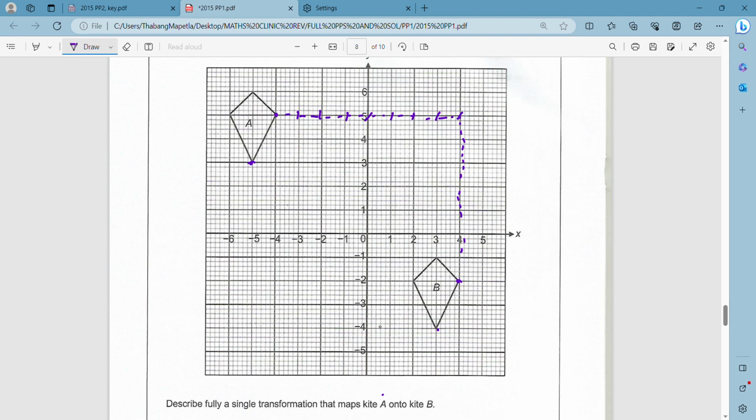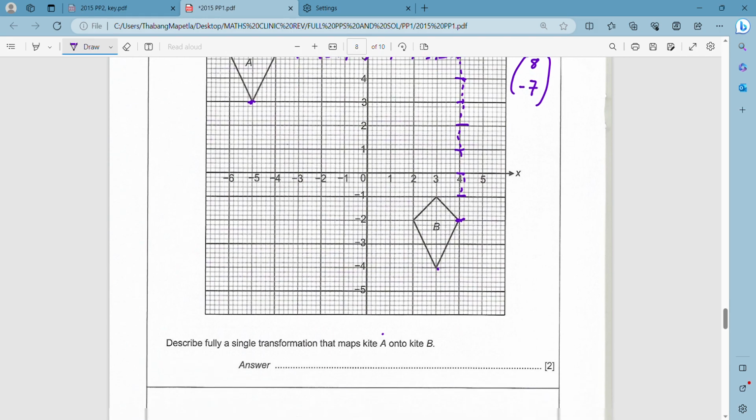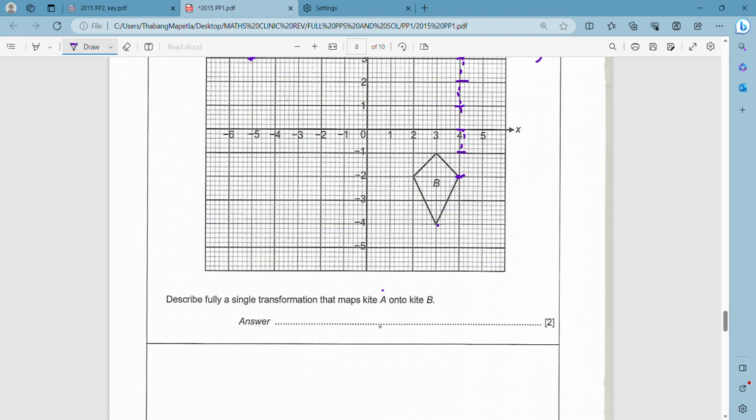So the X value is 8. Remember, it's a column vector. The X value is the one where we're moving horizontally, so we moved horizontally to the right. So it's positive 8. And then the Y value, we are starting from there, counting 1, 2, 3, 4, 5, 6, 7. It's 7. But remember, we are going down. Therefore, it's negative 7. So that's it. But first, we have to state the name. So this is translation.